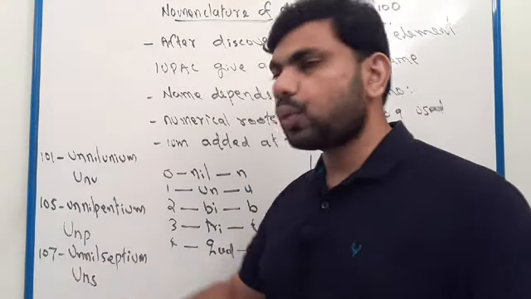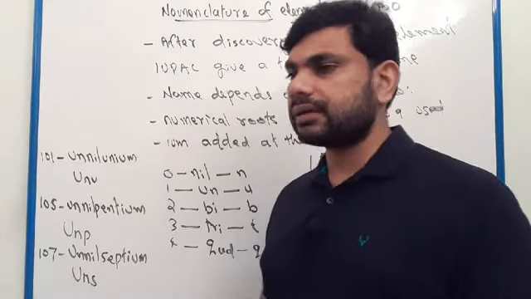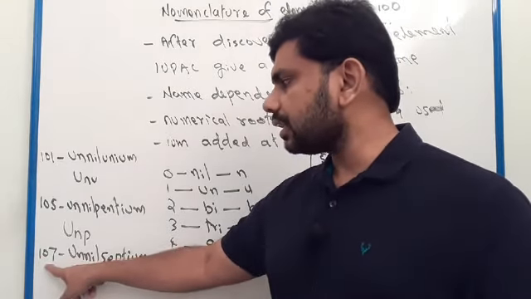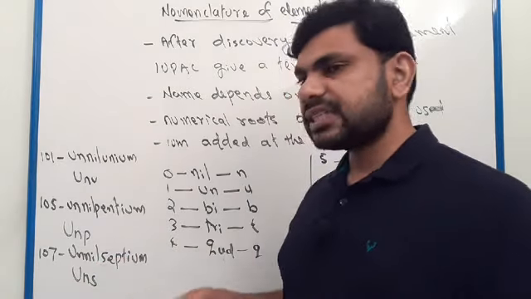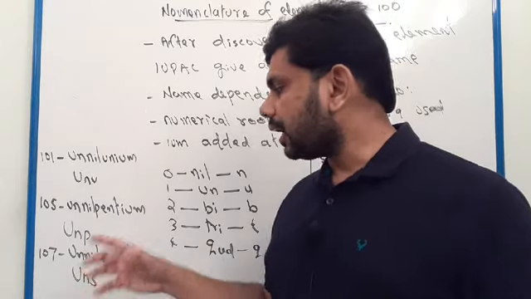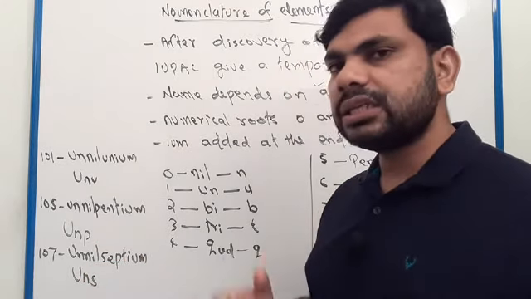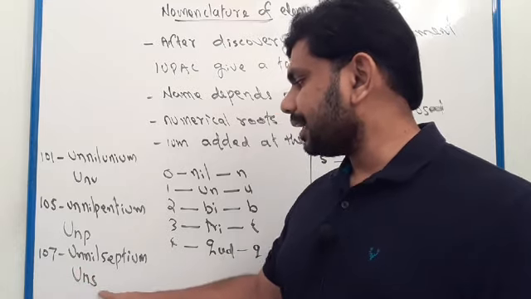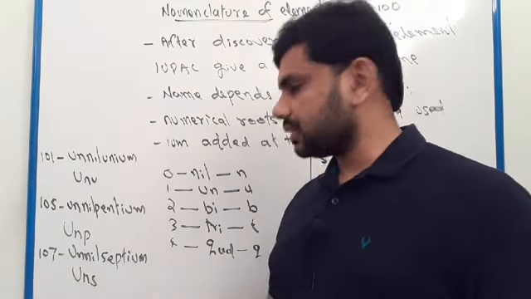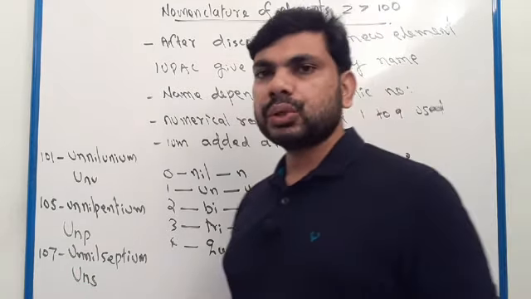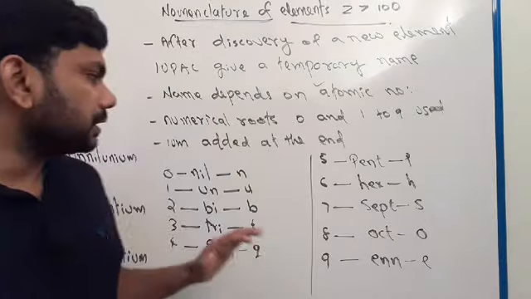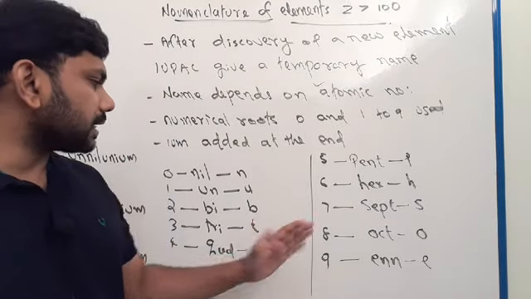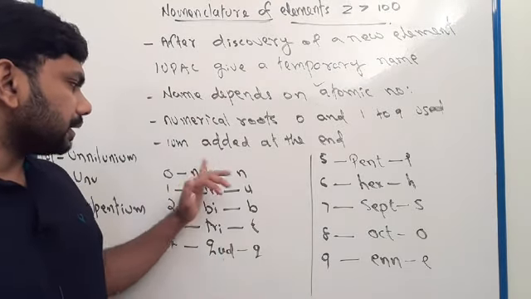Last example here: 107. So un nil sept, 7 means sept. Unnilseptium, and the symbol is UNS. So you have to remember these different numbers and their symbols.